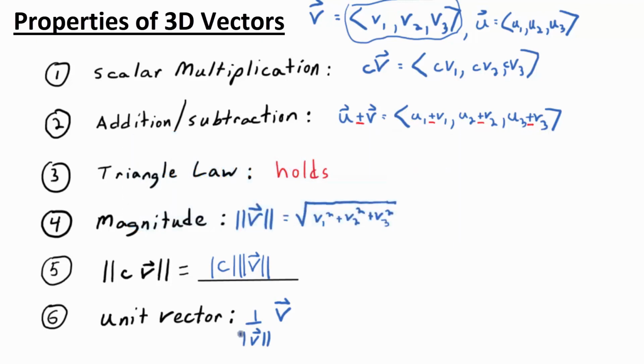Yep, that's true. And then we usually write it as v divided by the magnitude of v. But what does scalar division mean? Well, it really means scalar multiplication, right? 1 over the magnitude of v times v. So the first way you said it is really the best way to think about it. But of course we get lazy and we want to write fewer symbols. So we say v divided by the magnitude of v is a vector that's 1 unit long.